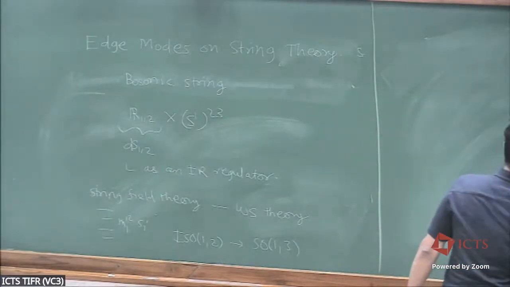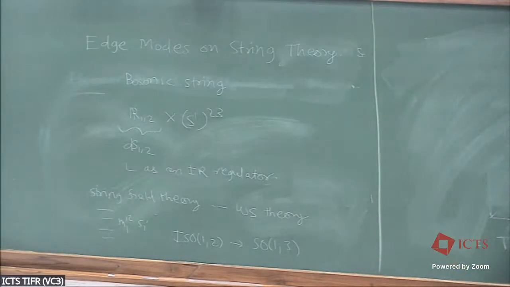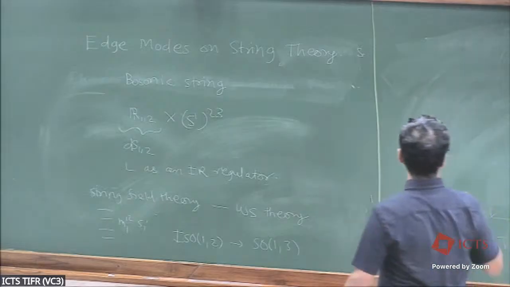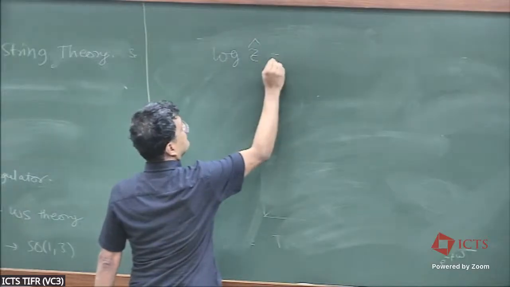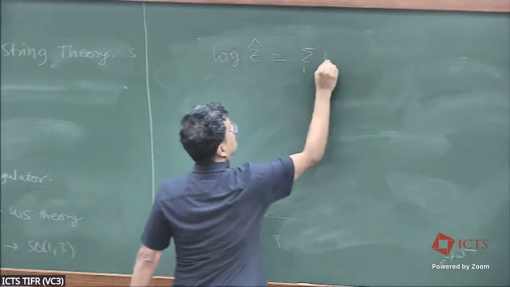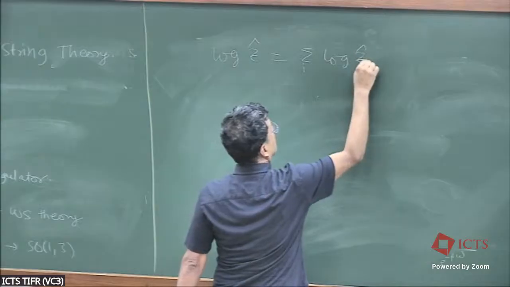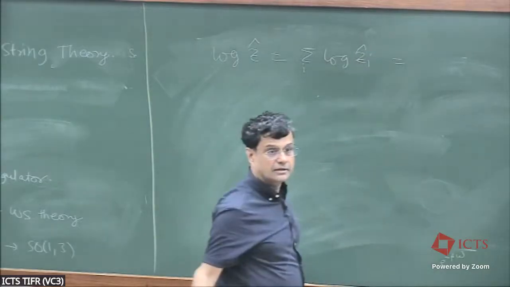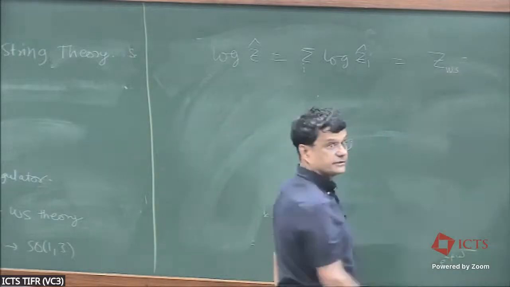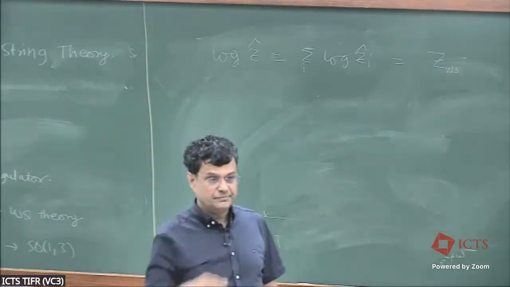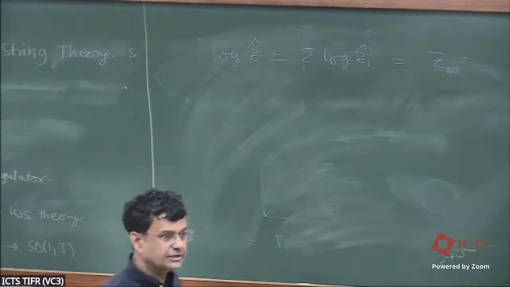And so you can just define the log of the string field partition function as the sum over all modes. And this you interpret as the worldsheet partition function, without the hat. This is something that you know.